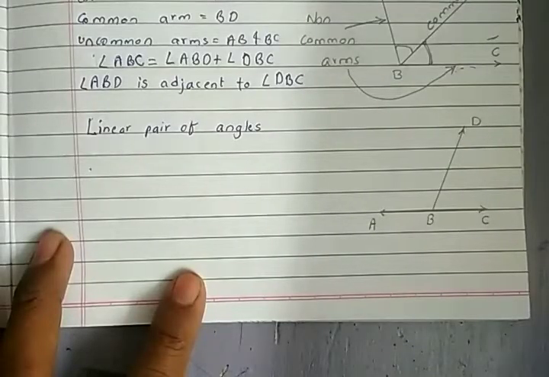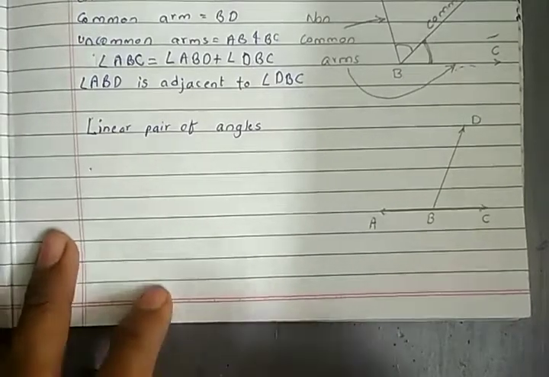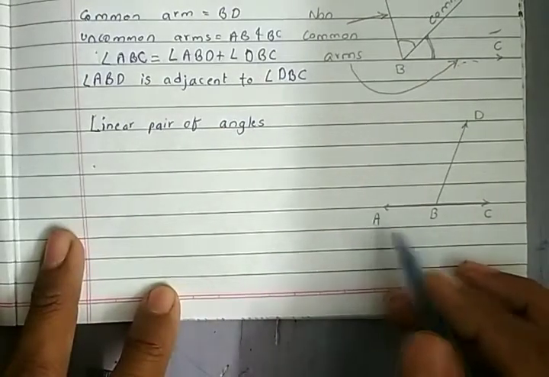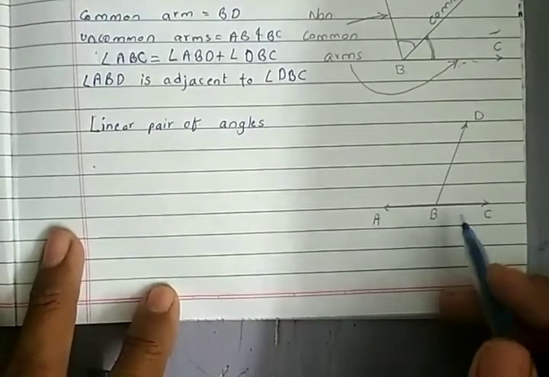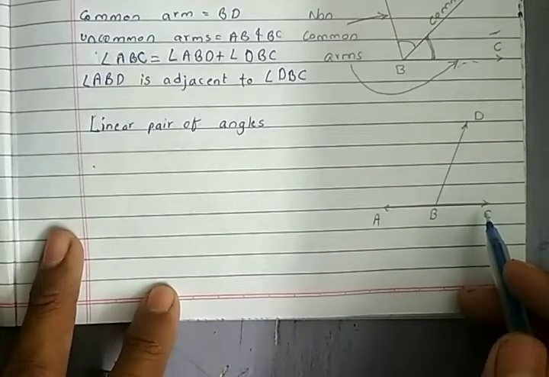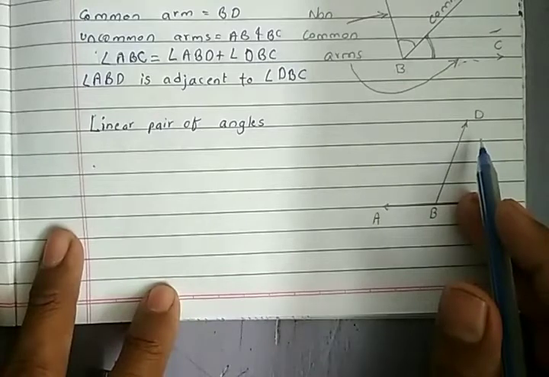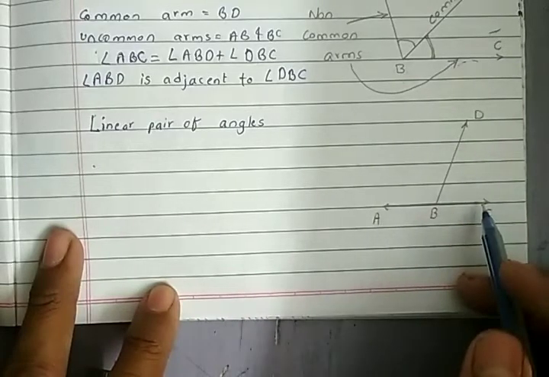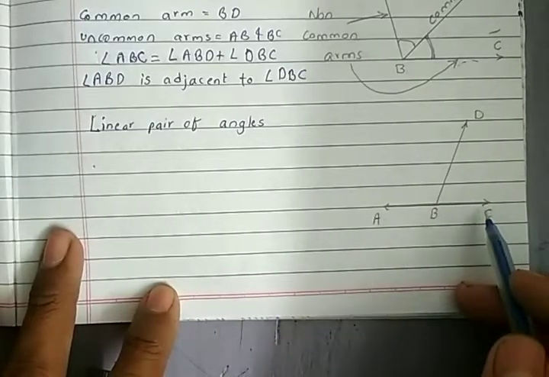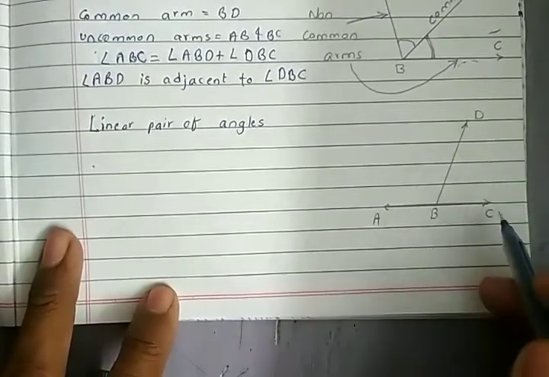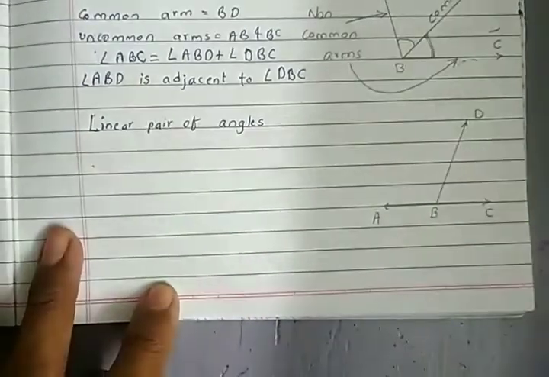Now let's study linear pair of angles. What are linear pair of angles? When ray AB and ray BC, these are two non-common arms, and the common arm is BD. When these two non-common arms form a straight line, then angle ABD and angle DBC are called a linear pair of angles.